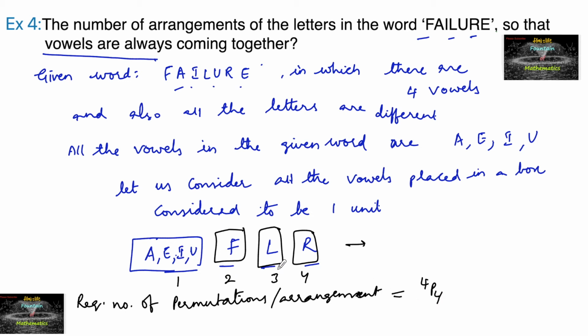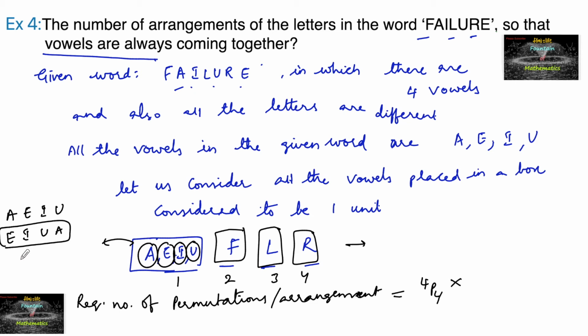And also we must note that in the first box containing all the vowels, inside the box the vowels can be interchanged, like A, E, I, U is one way, and again E, I, U, A is also another way, whereby you can see that all the vowels are together only.